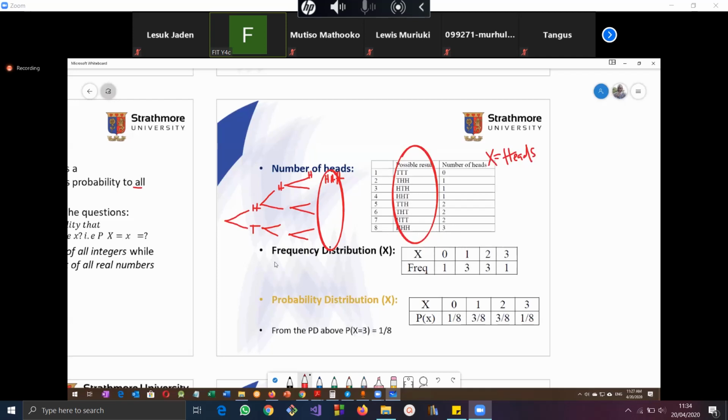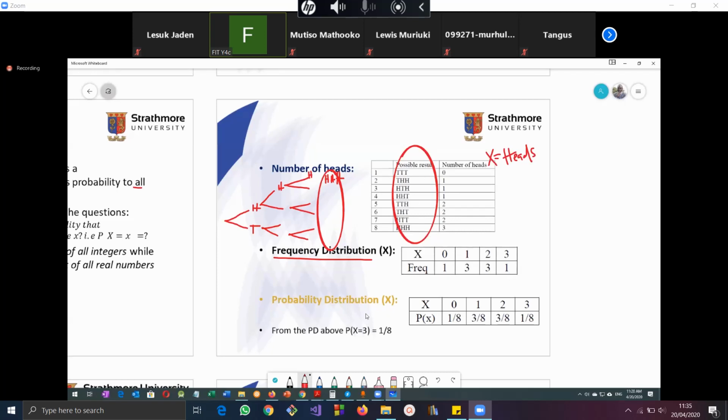So you see the way the frequency is distributed. The frequency is how many times. So this is how we define a distribution. X number of heads. So 0 heads, we only saw evidence of 1. 1 head, 3. 2 heads, 3. And then finally 3 heads was counted once, like you see here.